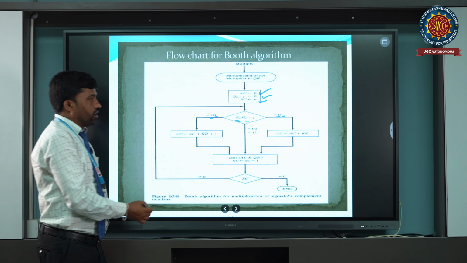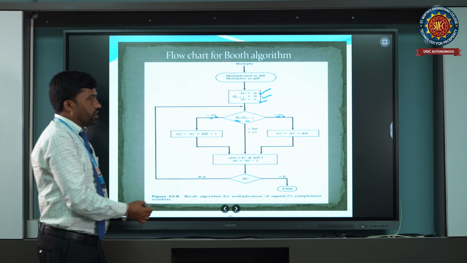Based on this shift right operation only, we can move the bits, do the operation and get the product. See here, some bits we are taking, and here also some bits are printed. So at arithmetic shift right operation, what does it mean? The first bit here is retained on the first position, and this bit is copied to the second.